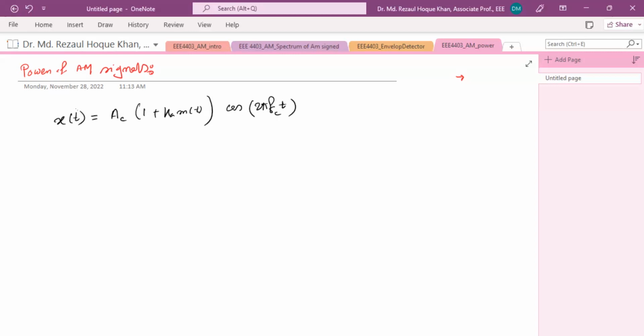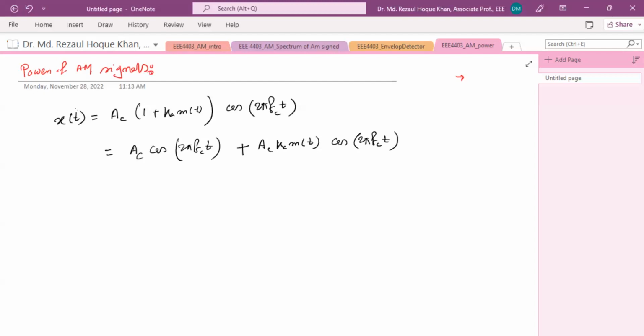In the modulated signal, we have seen that it has two parts. One is AC cos 2 pi fc t, plus AC Ka m(t) cos 2 pi fc t.